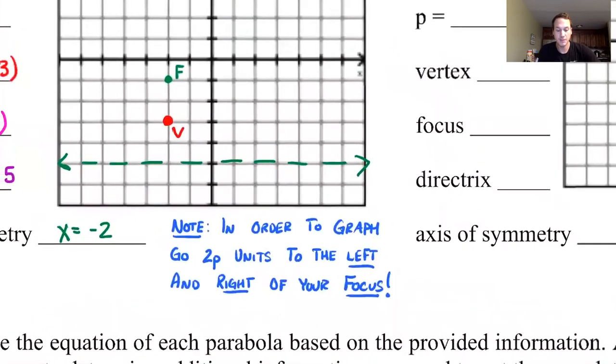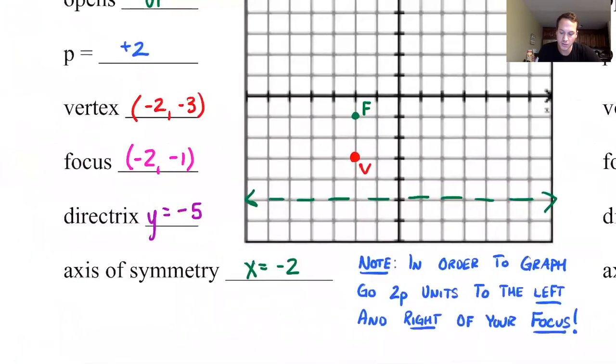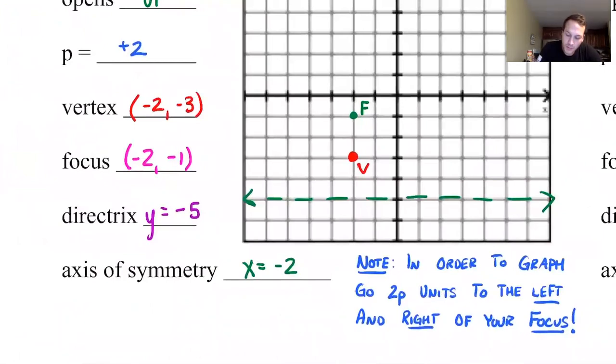Okay, so what I mean by that is if my p-value is 2, 2 times 2 is 4, I'm going to go 1, 2, 3, 4 units left, 1, 2, 3, 4 units right.